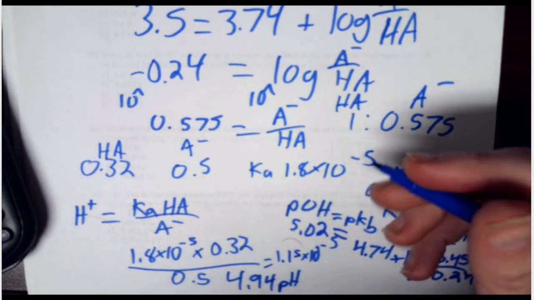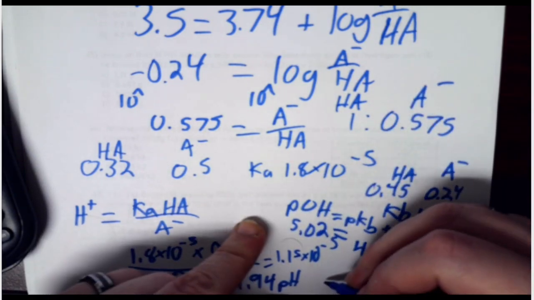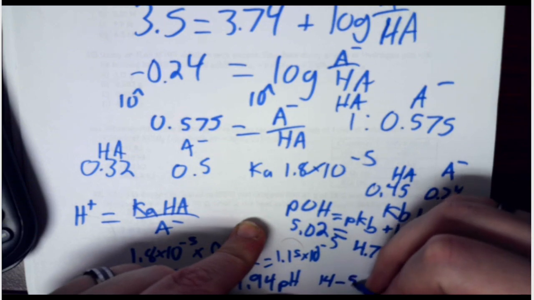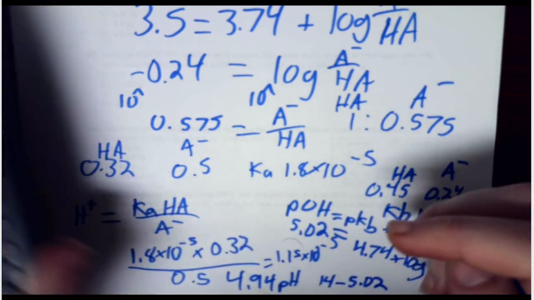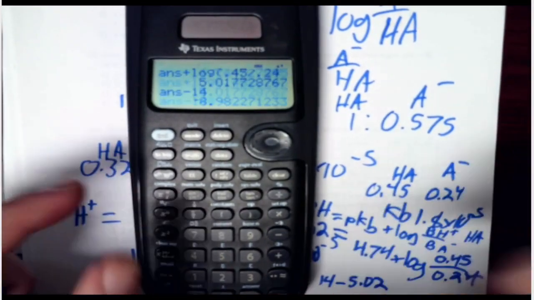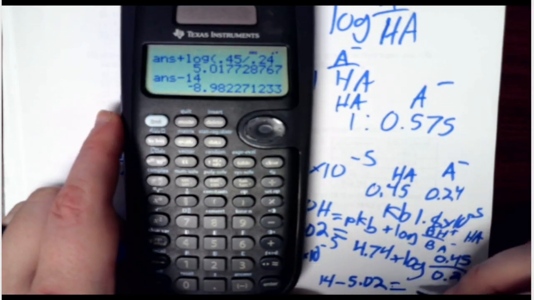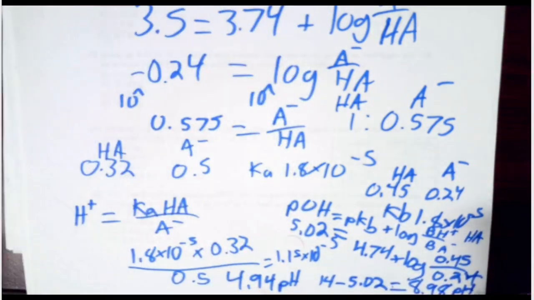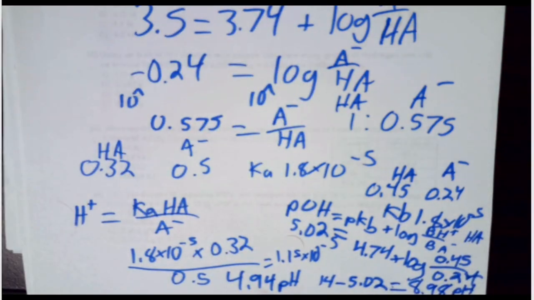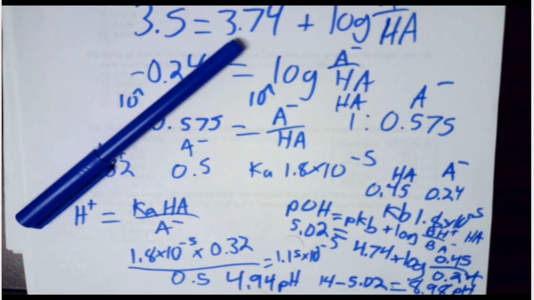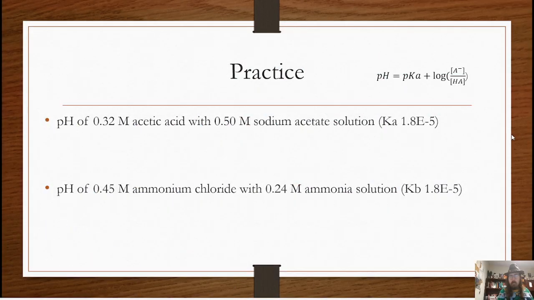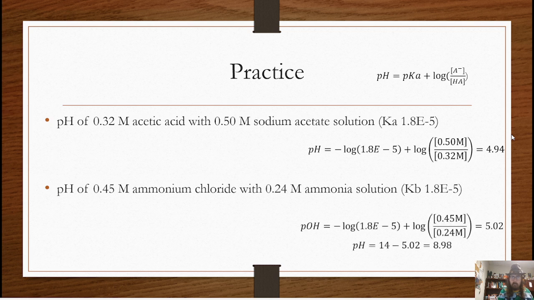We'll say 5.02. Well, pH is equal to 14 minus pOH. So 14 minus that, and we get 8.98. 8.98 is our pH. I know I've kind of crowded my answer down there. Forgive me, or don't. But that is 4.94 and 5.02, which goes to 8.98.